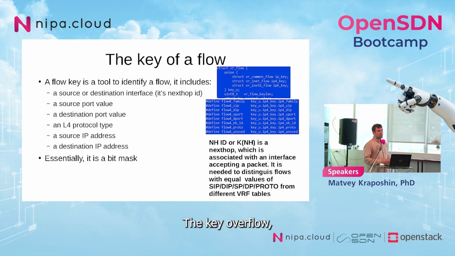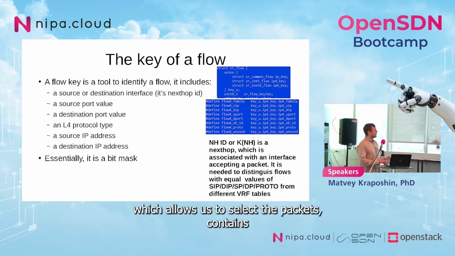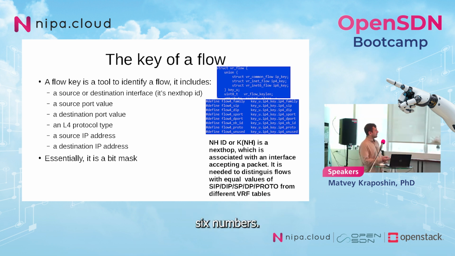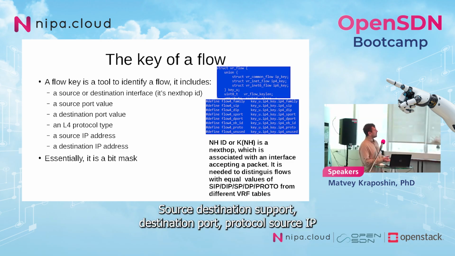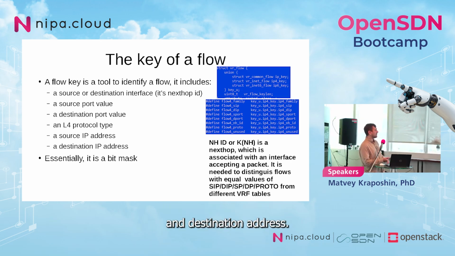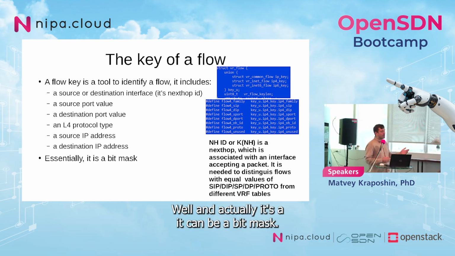The key of a flow, which allows us to select packets, contains 6 numbers: source port, destination port, protocol, source IP, and destination address. Yes, six parameters. And actually it can be a bit mask.